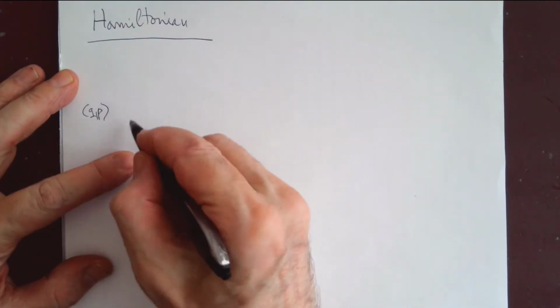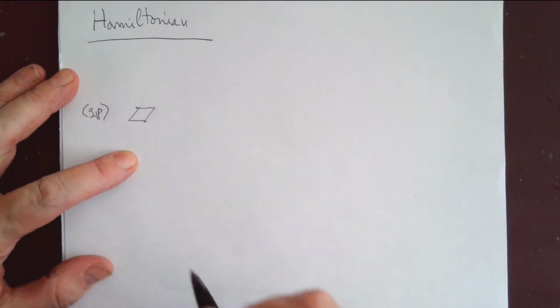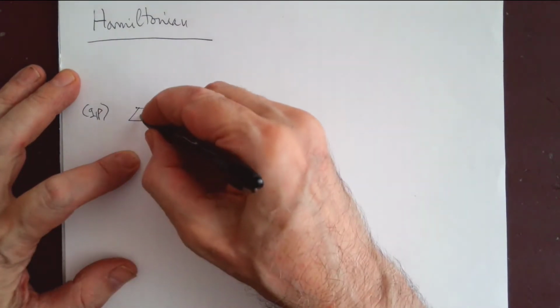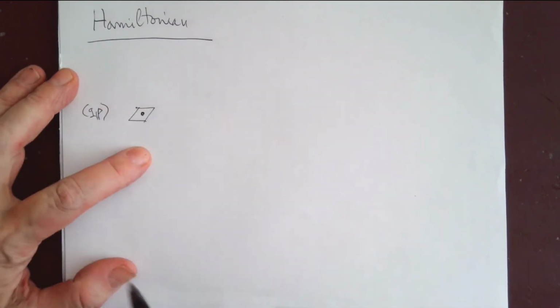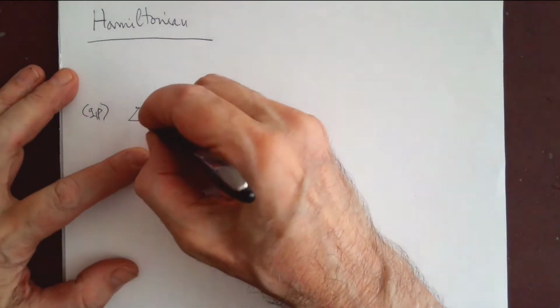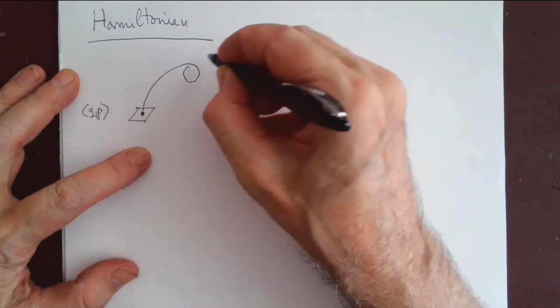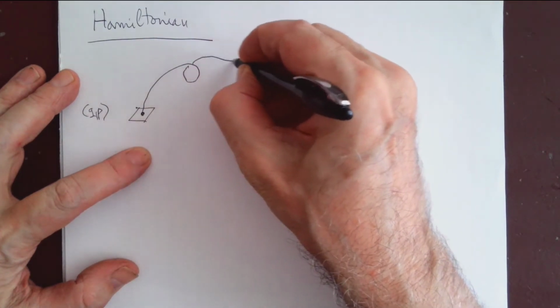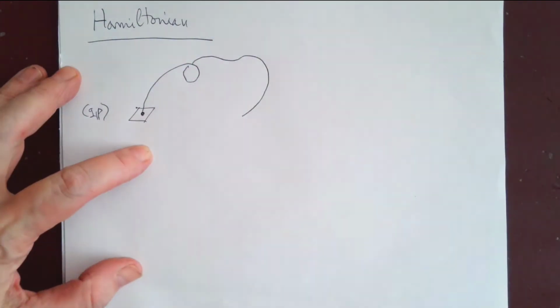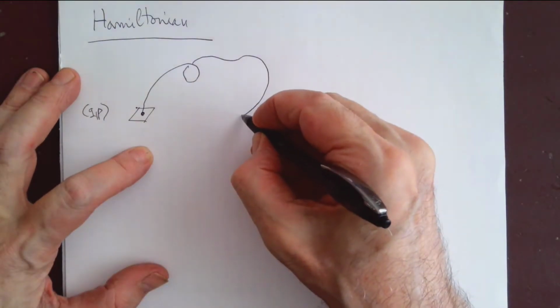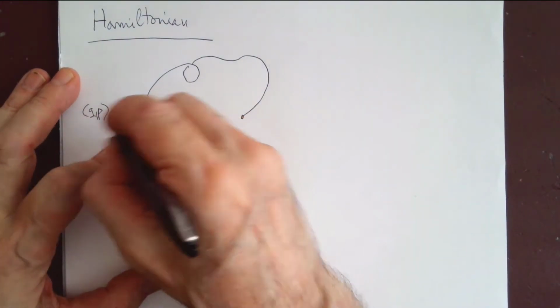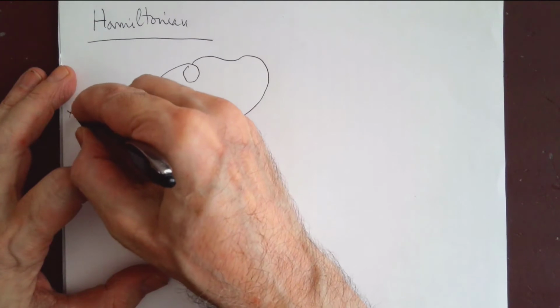What this means is that we take a phase space, which is characterized by some coordinate q and the dual momentum p. We start someplace in this phase space. Boom. And then we let Hamilton's equations do the wonder.